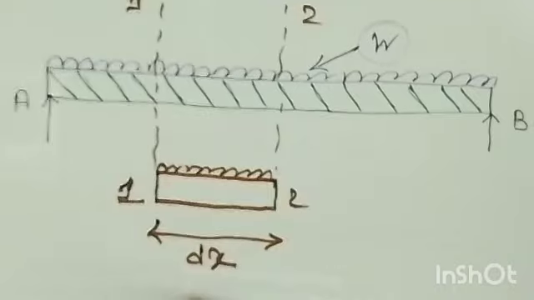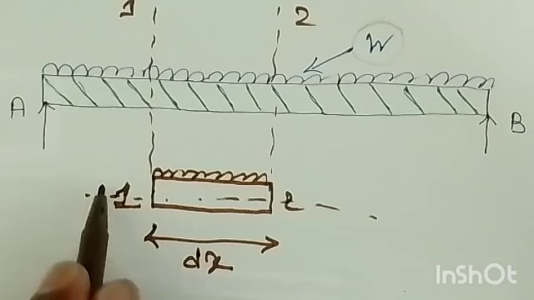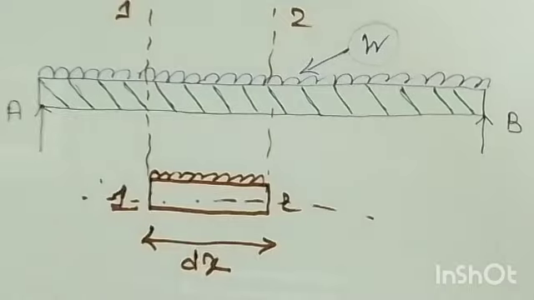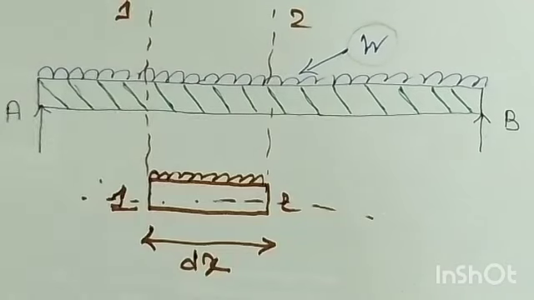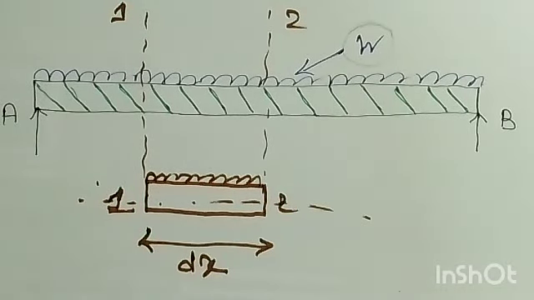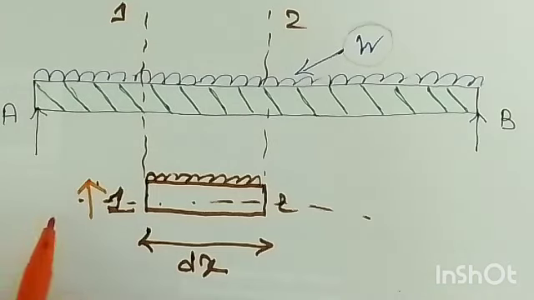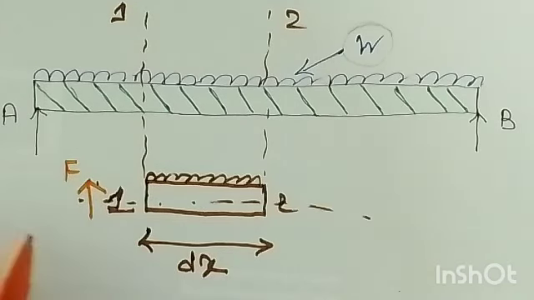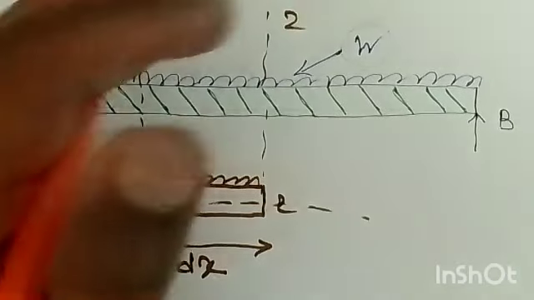Now the forces have to act. Let's say this is your axis. On section 1 the shear force and bending moment will act, and as well on section 2 the shear force and bending moment will act. Let's say the shear force F at section 1 is acting vertically up, and the moment of magnitude M is acting on section 1 clockwise.